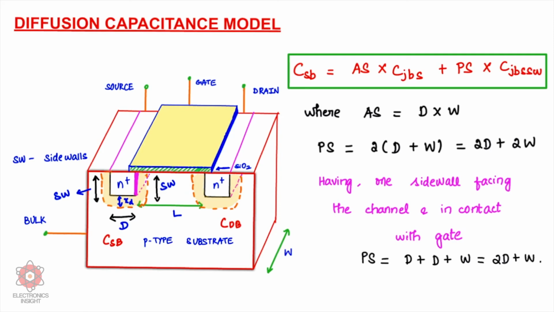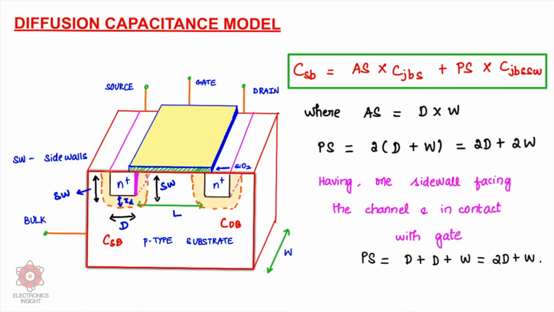And here today we are going to concentrate on CSB, which is the source to bulk substrate capacitance. The source to bulk is nothing but the junction, where the bulk is the p-type substrate and the source is n-type, and this depletion region is the junction between the source and the substrate, or bulk.